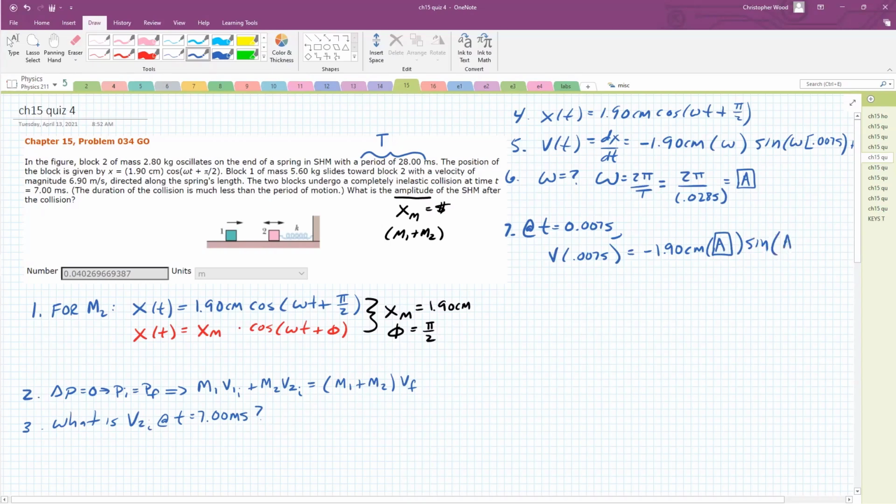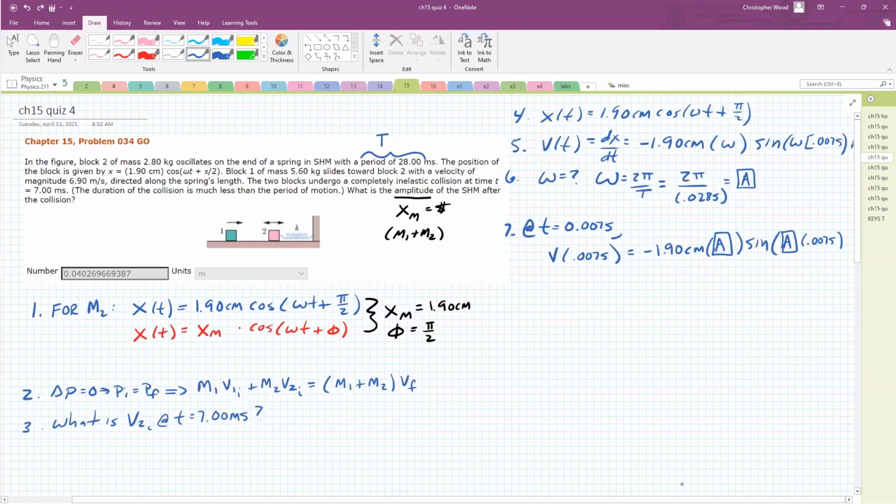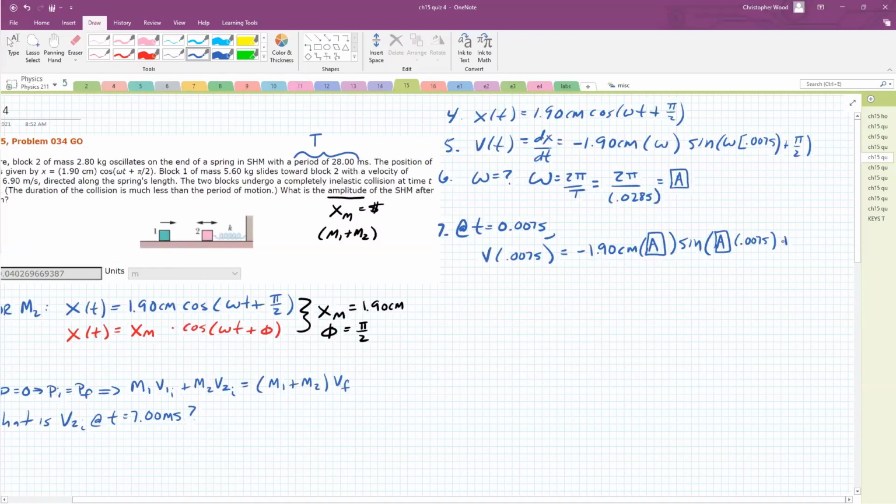Here's omega, memory location A, times 0.007 seconds, plus pi over 2.